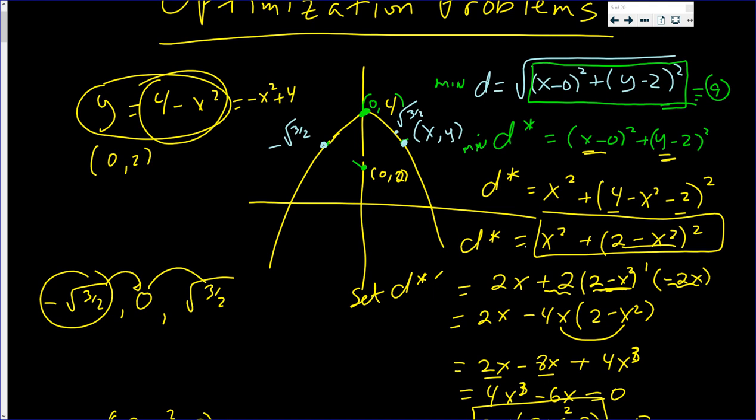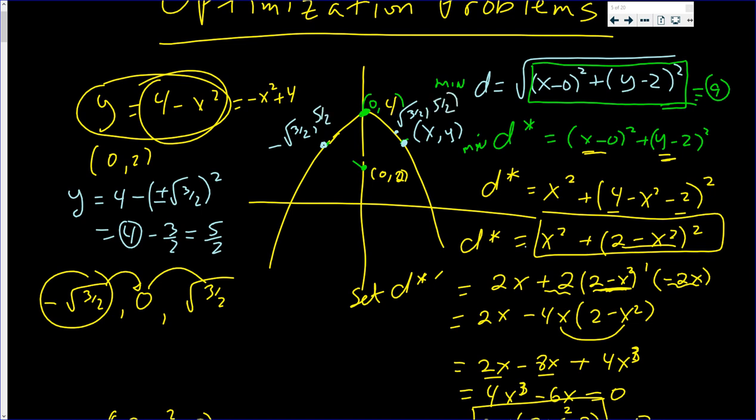But what is the y value? Well, y is 4 minus, I can sneak in both of these numbers, plus and minus, because when we square it, we get 3/2. This is 8/2. Take away 3/2 is 5/2. Okay, so I found the 2 points. Again, it's this point and that point.